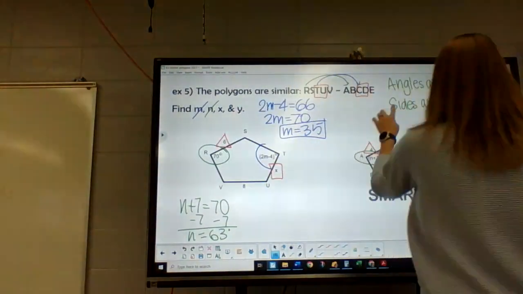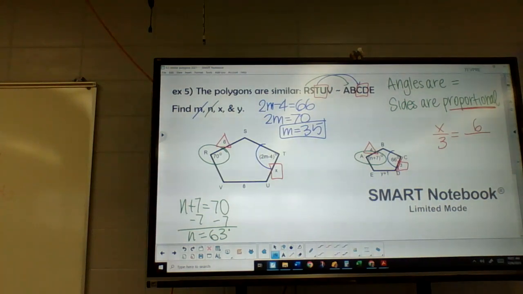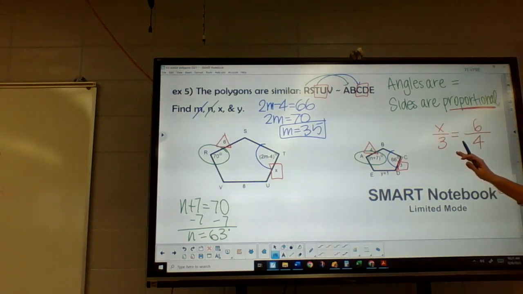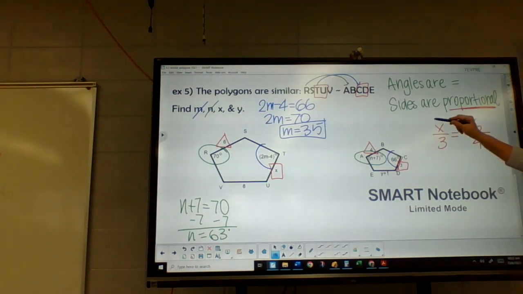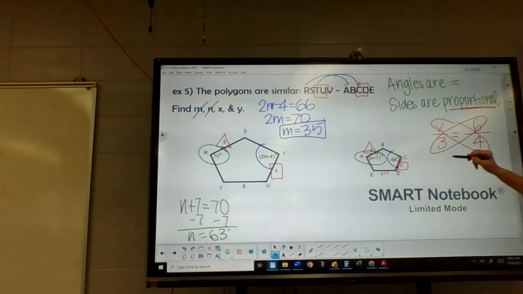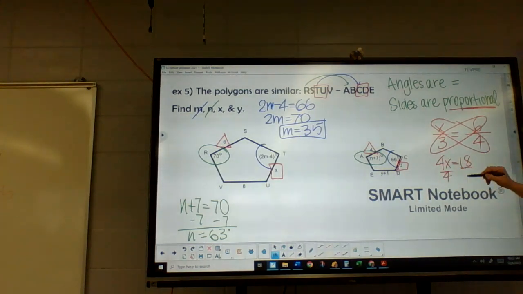So x is the bigger one, so 6 is the bigger one. So that's one thing where you can kind of get yourself into trouble here. It has to be set up this way if that's how we started. Okay, so I'm trying to point out those little details that can cause some issues. So we can cross multiply here. So we find out x is 4.5?